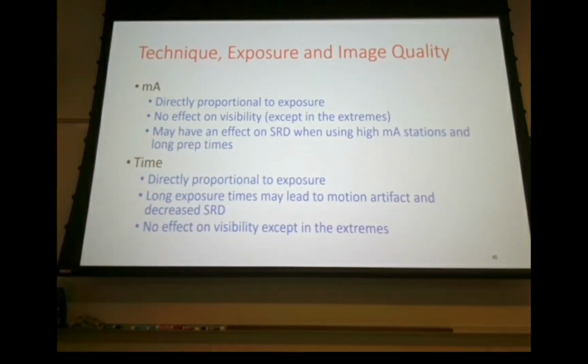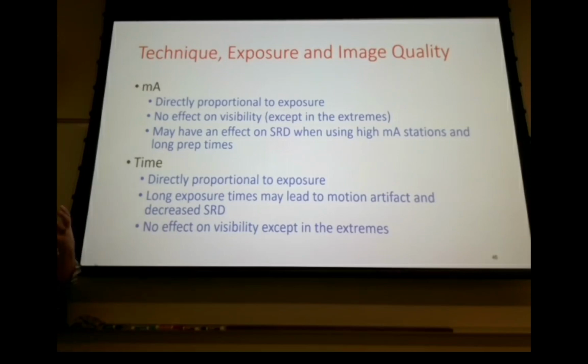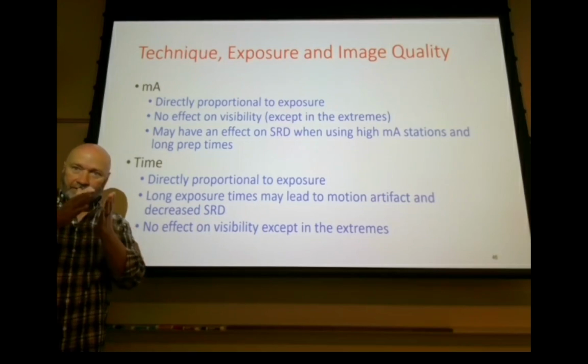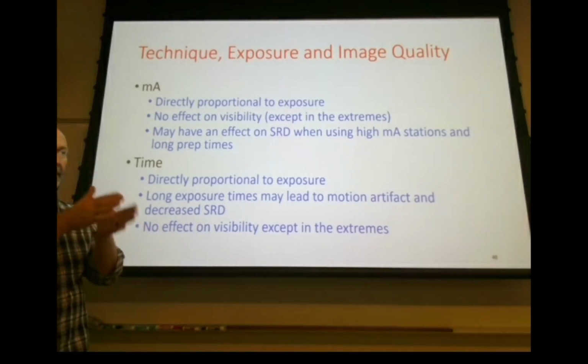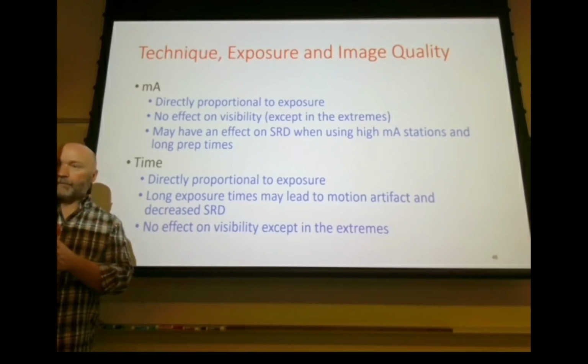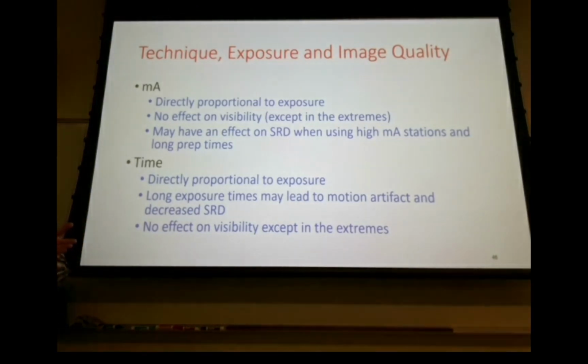If you use a very high mA station, you create a large space charge. Thermionic emissions are too far out for your focusing cup to keep them compressed to the right place on your anode, or the focal spot on your anode, then you're going to have bombardment of your anode in a larger area than what you had before.